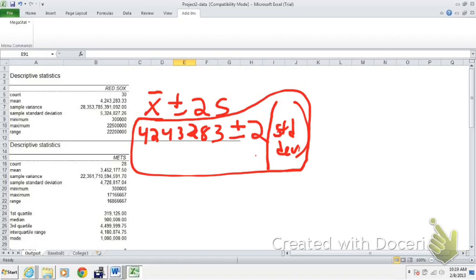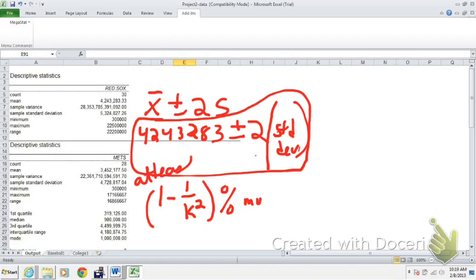But the thing is, 2 standard deviations, what does Chebyshev say about that? I'll give you a hint. Chebyshev says that at least 1 minus 1 over k squared percent must lie within k deviations of the mean.